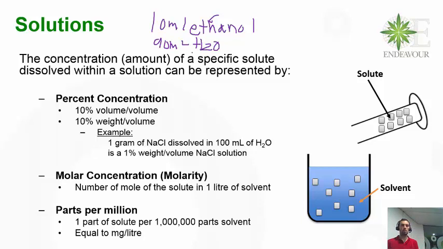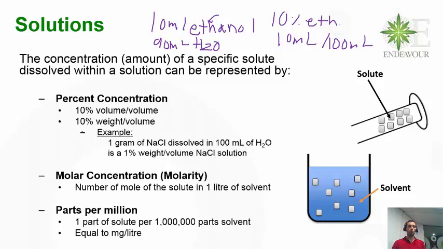The one that's of greatest amount is water, so that's the solvent, so we'd have the ethanol dissolving into that solvent. The percentage concentration would actually be 10% ethanol. So 10% of the volume is ethanol. 10 mils in a total volume of 100 mils is 10%. So that would be a volume per volume percentage.